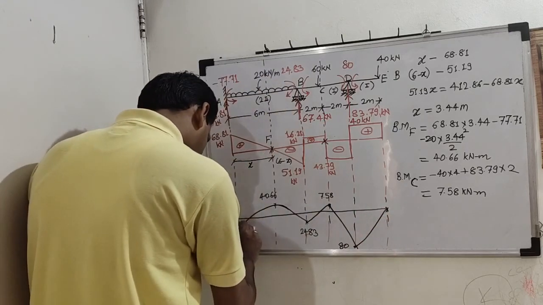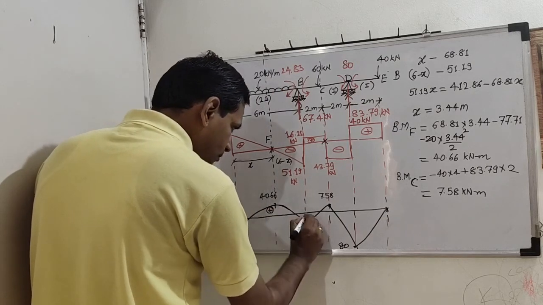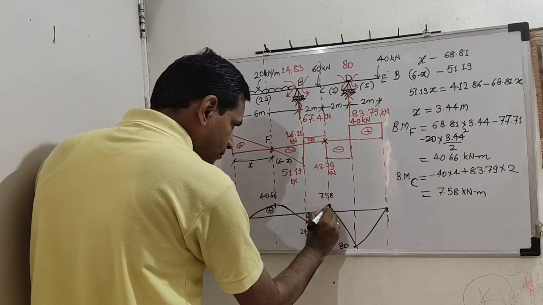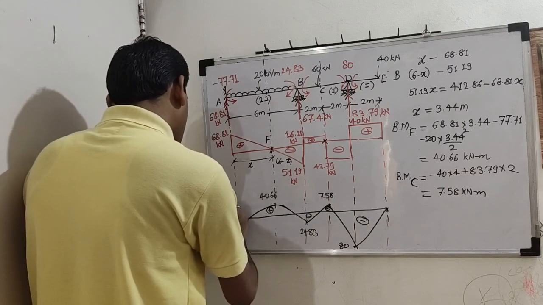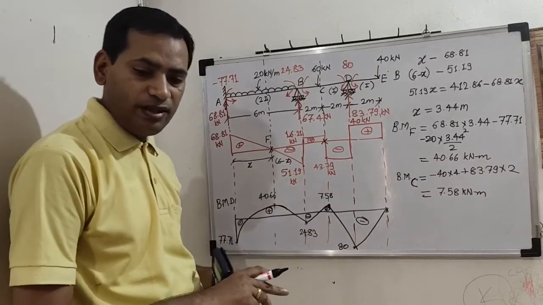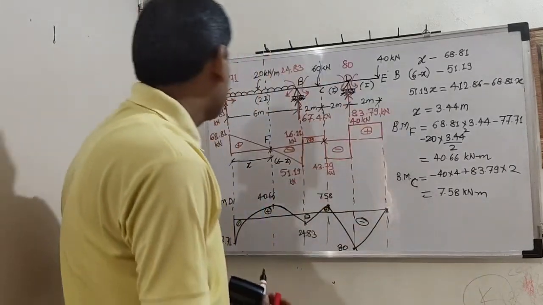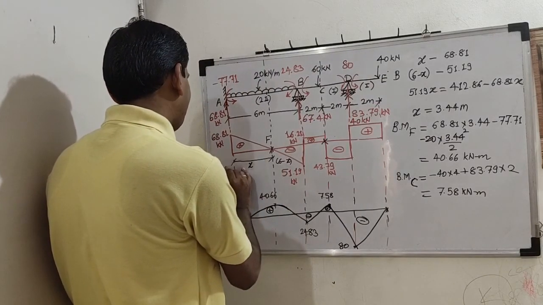That's it. This is minus, this is plus, minus, plus, again minus. So this is our BMD in black color. BMD on tension side. And this is the shear force diagram in red color.